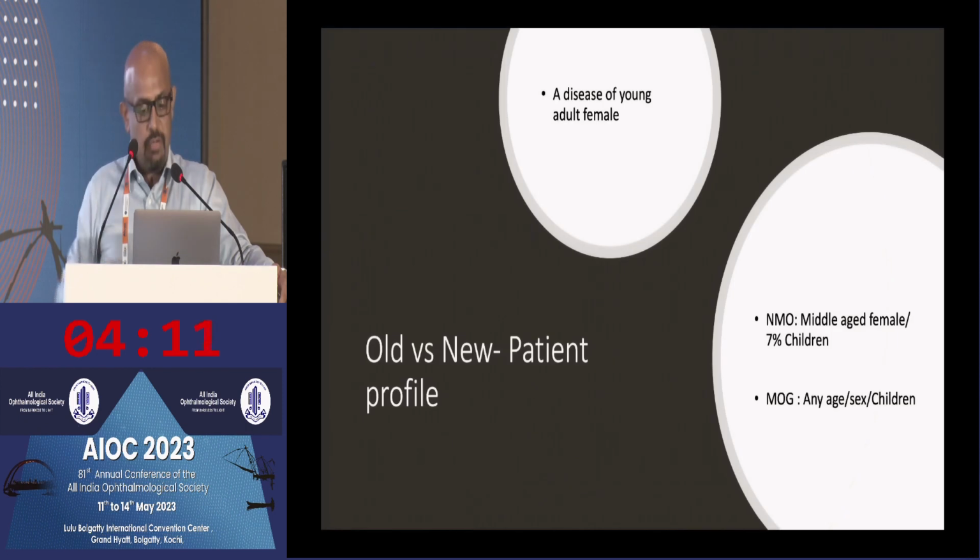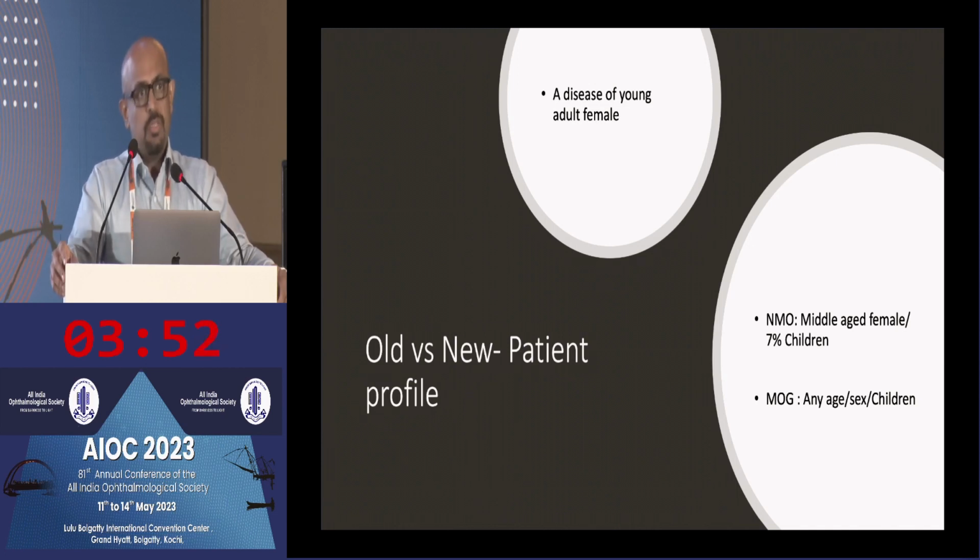Now, why it is relevant for our session today is that in older days, we used to say that optic neuritis is a disease of young adult females. But with these 2 antibodies, the NMO can occur at any age group. It is more common in middle-aged females.